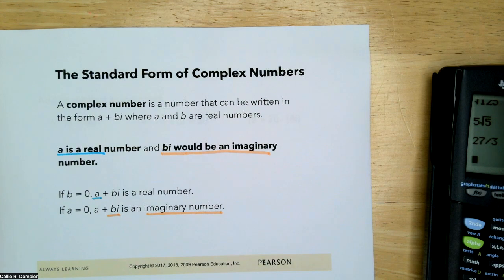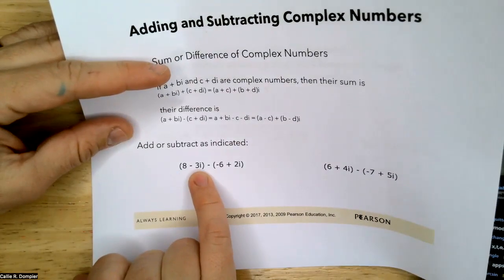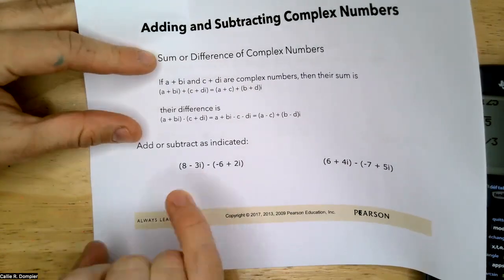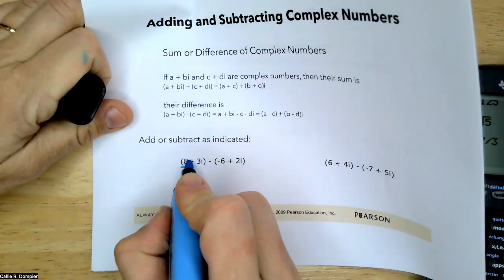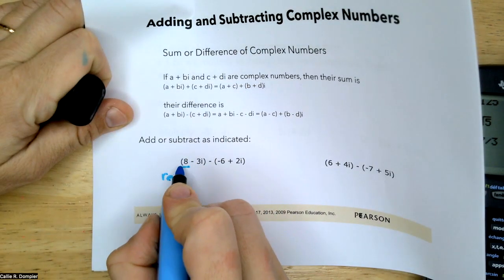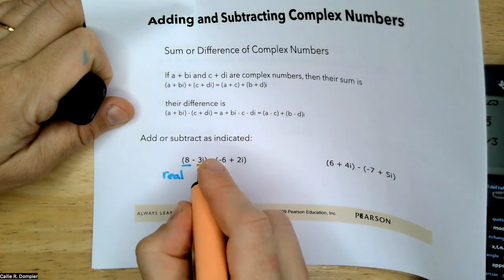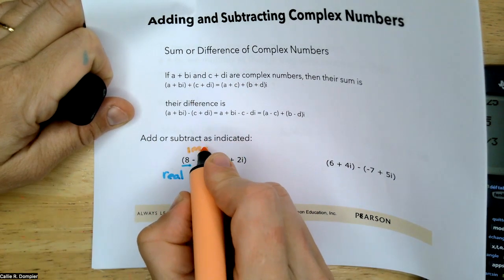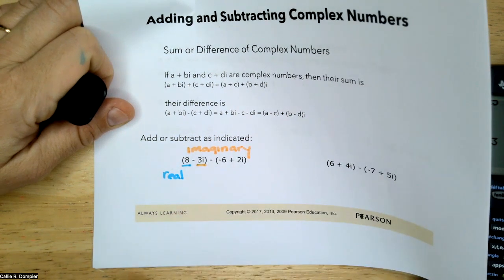So when you see something that looks like 8 minus 3i, that's a complex number. 8 is real. Negative 3i is imaginary. And you can do that with all complex numbers.